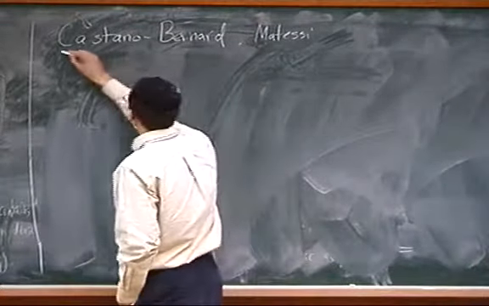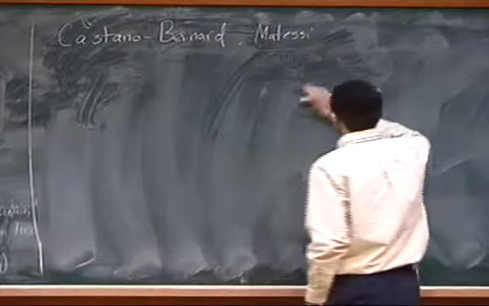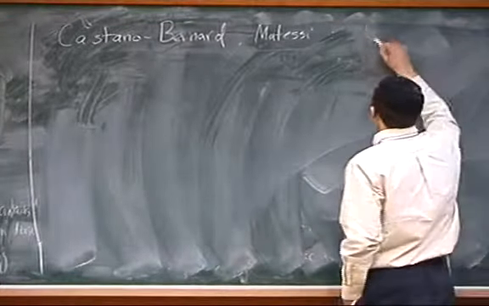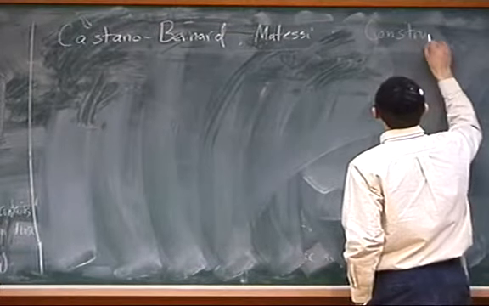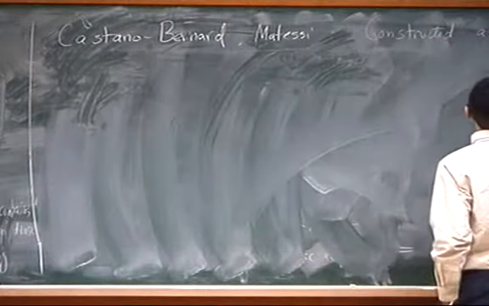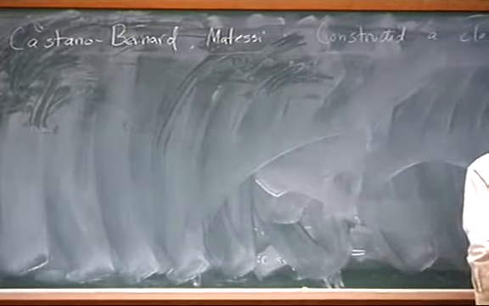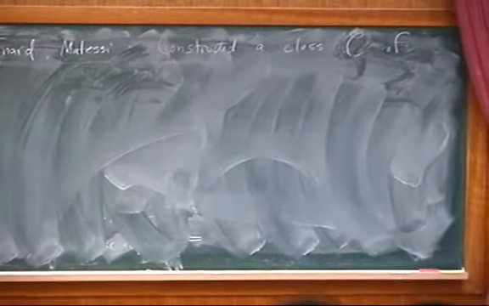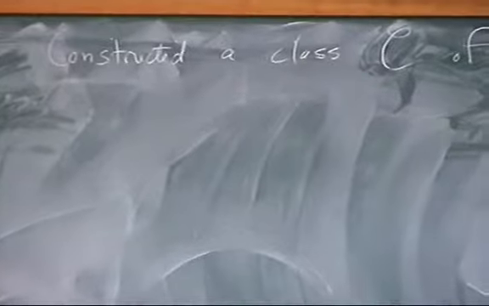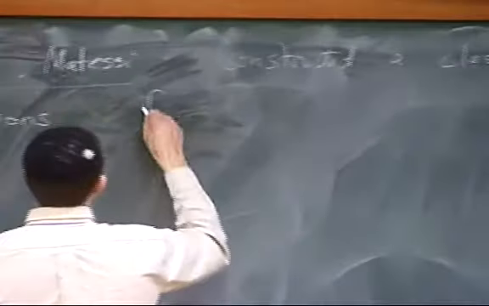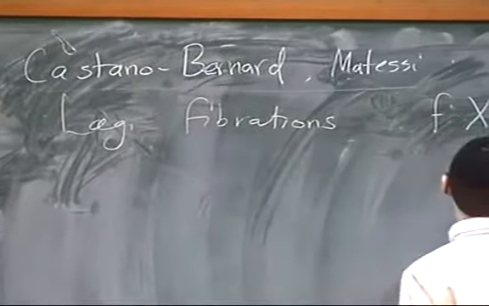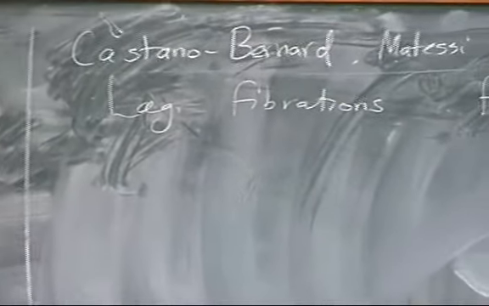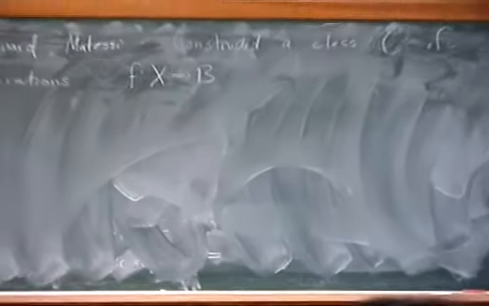So Castano-Bernard and Matessi constructed a class, let's call it C, of Lagrangian fibrations F. I'm not saying anything about smoothness, and not special, just Lagrangian.